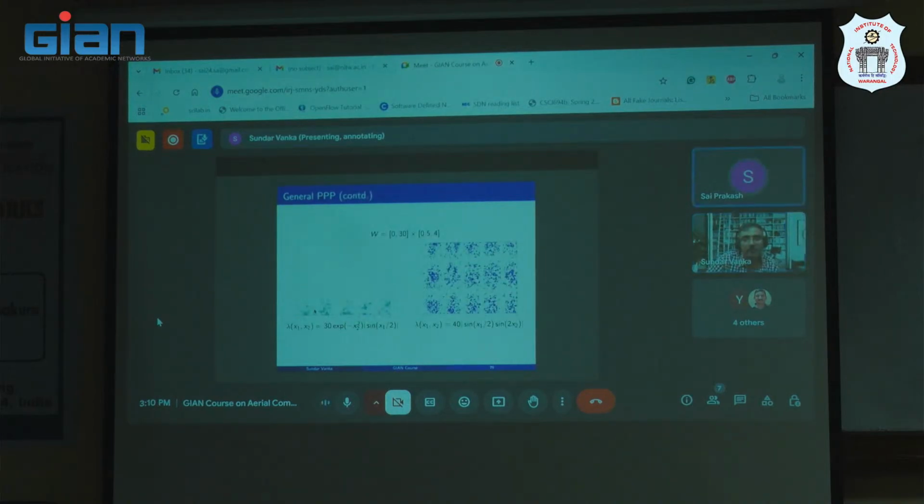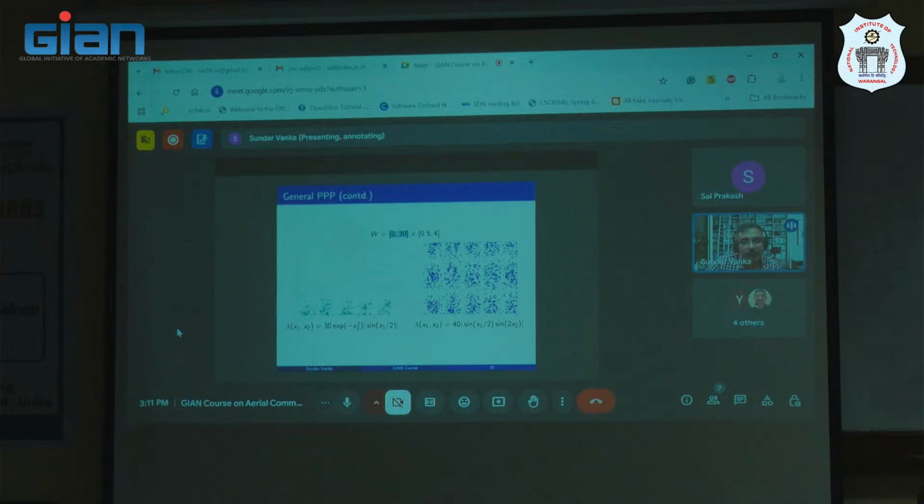Just to give a flavor of how rich this formalism is, you can take all kinds of choices of lambda. I've taken, for example, a two-dimensional case, where x1 is the x-axis and x2 is the y-axis. What you see here is one realization of a point process on 0 to 30 on the x-axis and 0.5 to 4 on the y-axis.